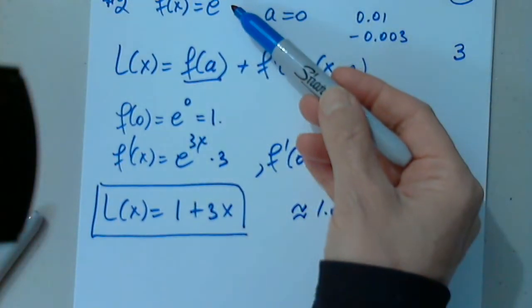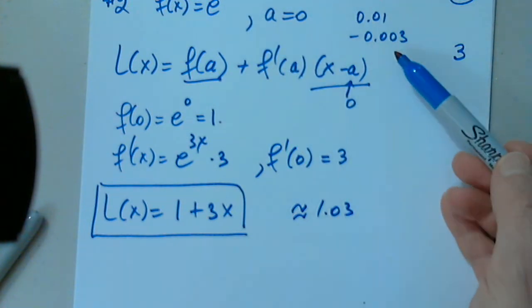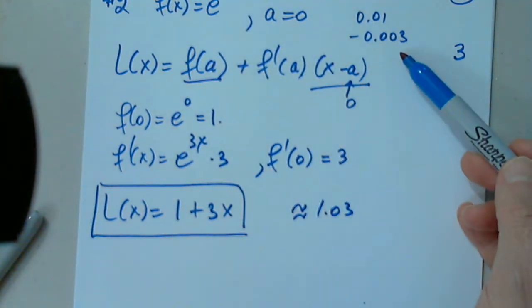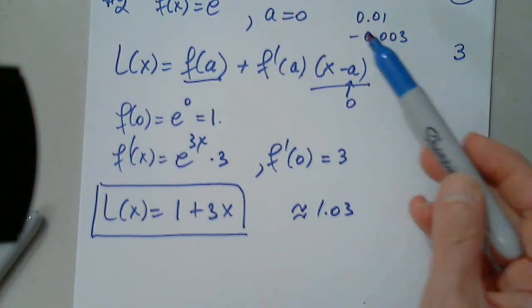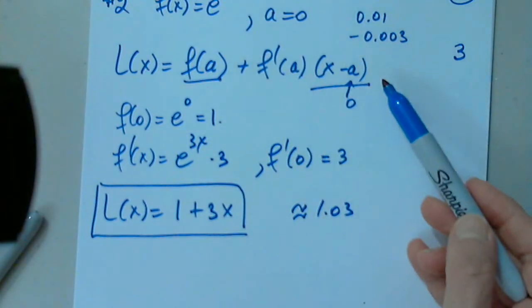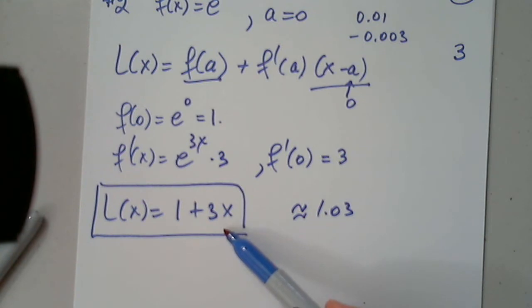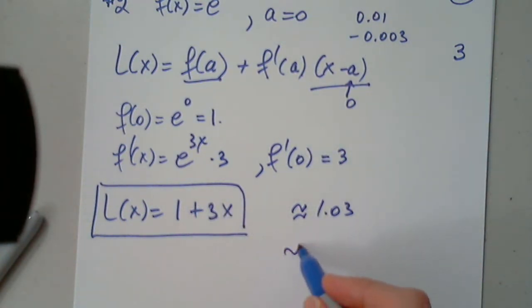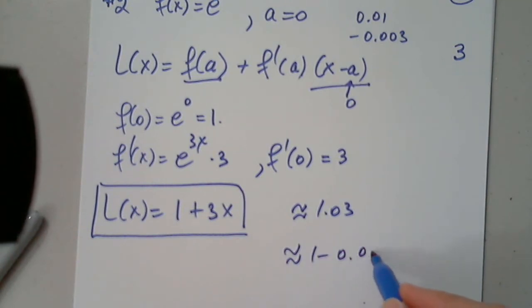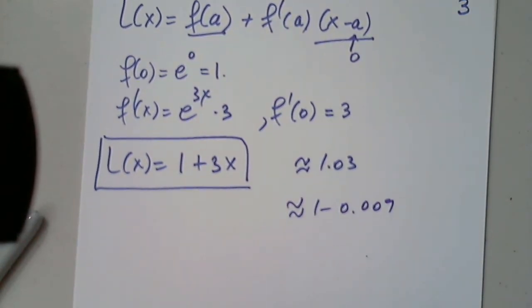You had no idea. Now, if you want to approximate or find a value at negative 0.003, you have to plug in the calculator. But now it's very easy to do it here. So this will be negative 0.009, and it will be approximately 1 minus 0.009, which is 0.991.